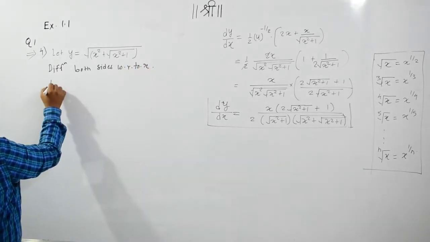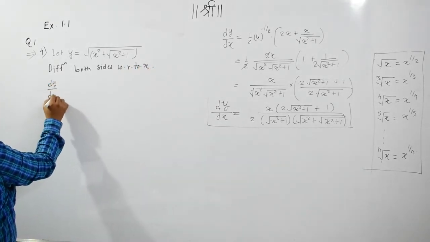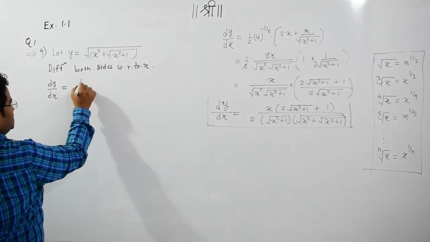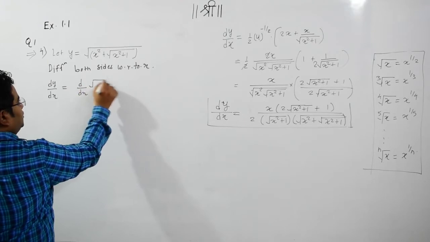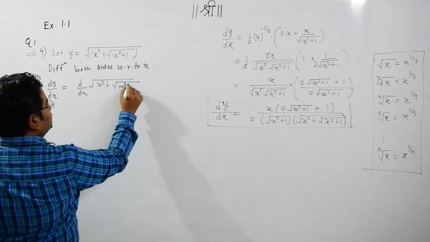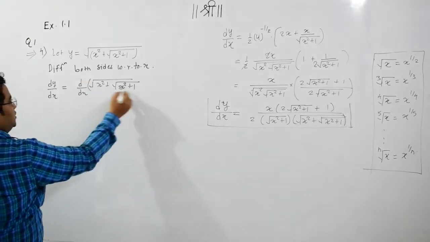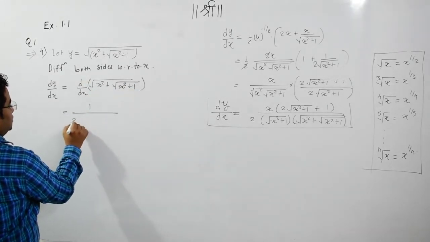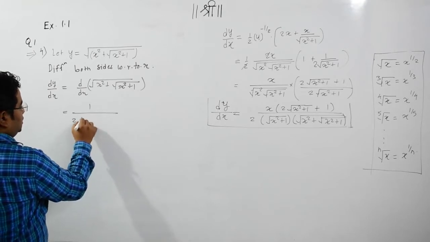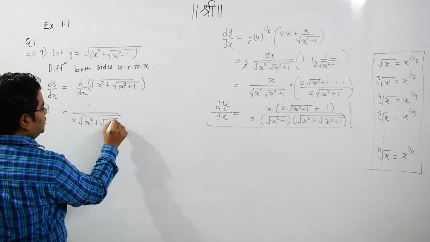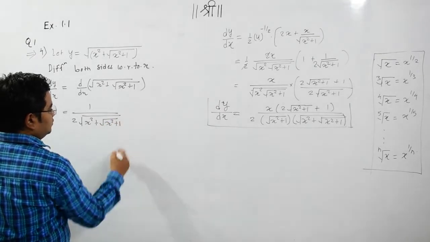That's how we will get dy upon dx, which is equal to what again? d upon dx of under root of x square plus under root of x square plus 1. Okay, now what is the first derivative differentiation? So 1 upon 2 under root of x square plus under root of x square plus 1.